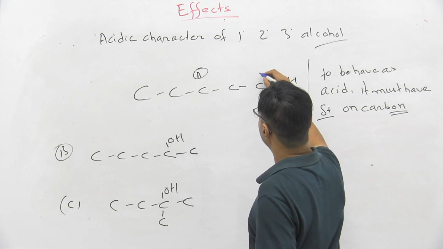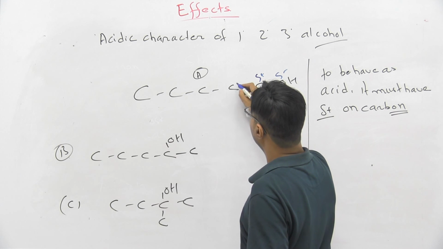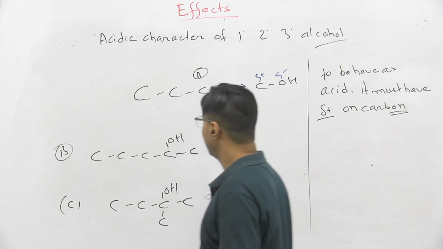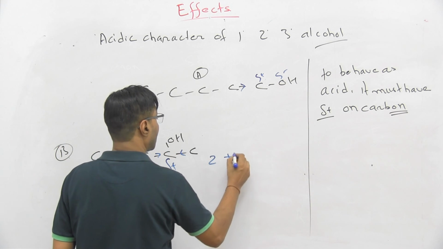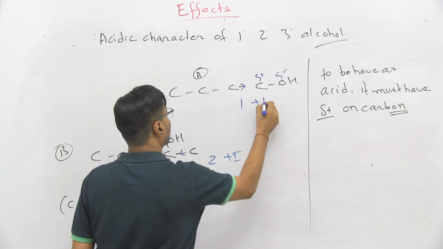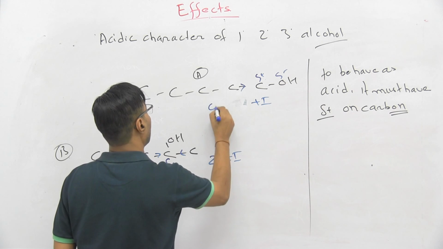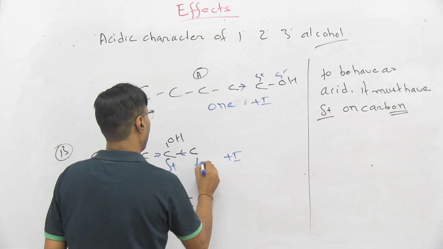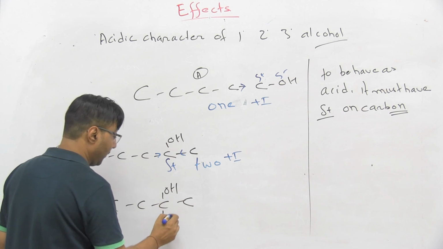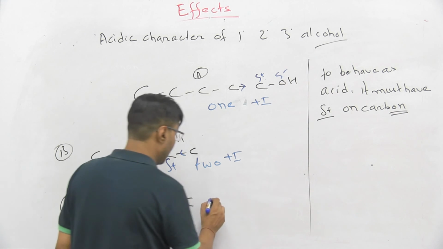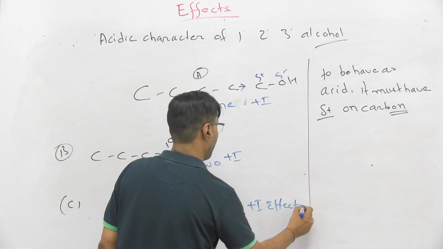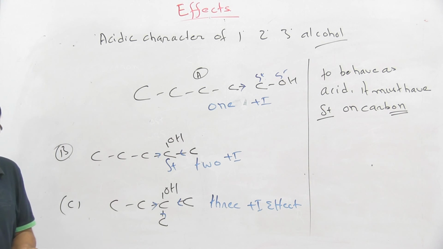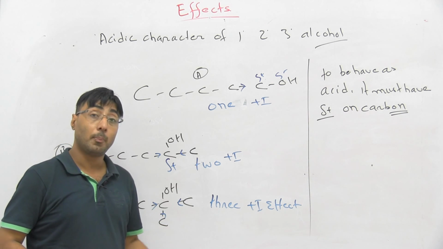In this case, what will happen? This is delta positive, this is delta negative, and here 1 plus I effect is there. In this case, this is positive charge, but 2 plus I effect is there. In this case, how many plus I effects are there? 1, 2 and 3. 3 plus I effect is there. We know acidic character is inversely proportional to plus I effect.